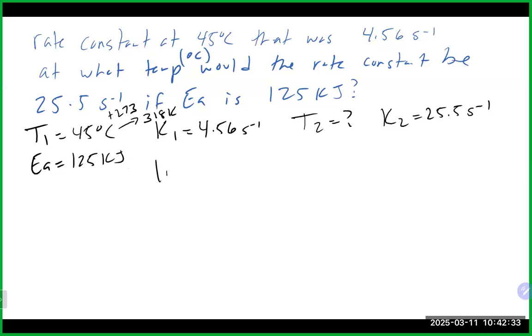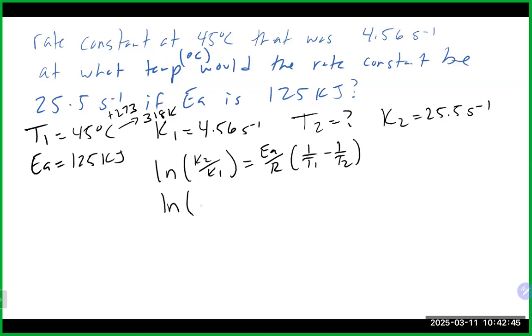We're going to go with the natural log of k2 over k1 equals Ea over R times 1 over T1 minus 1 over T2, putting in the numbers that we got. I went with the larger one on top, and we got 4.56 equals our Ea, which is 125 kilojoules.